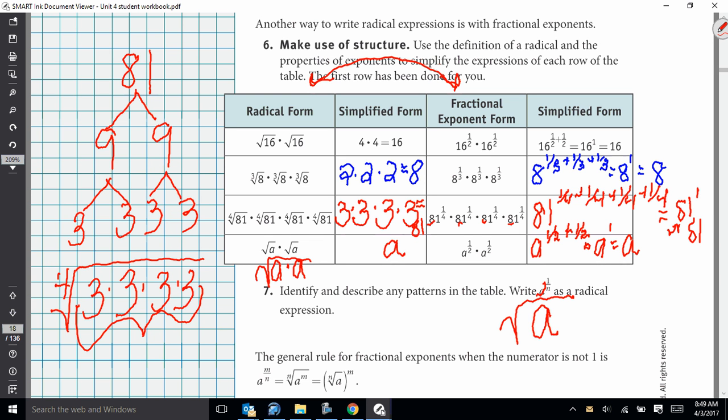And what's our index going to be? n. That's okay, we're learning the terms. The level of radicalness.